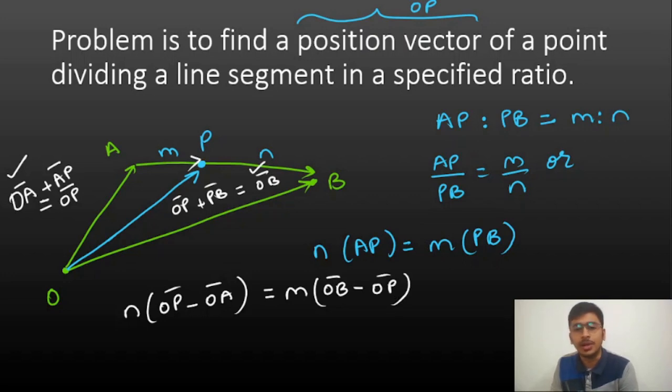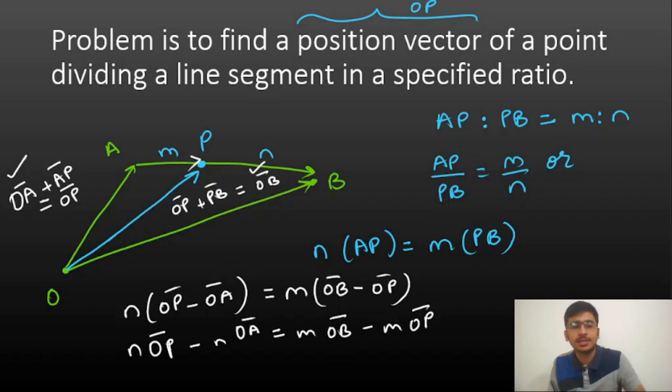So I'll simply multiply them and I'll solve this equation. I'll get N times OP vector. Remember, n and m are scalars. Okay. So I'll write down n times OP vector minus n times OA vector is equal to m times OB vector minus m times OP vector. Correct? And I have to find what OP vector is.